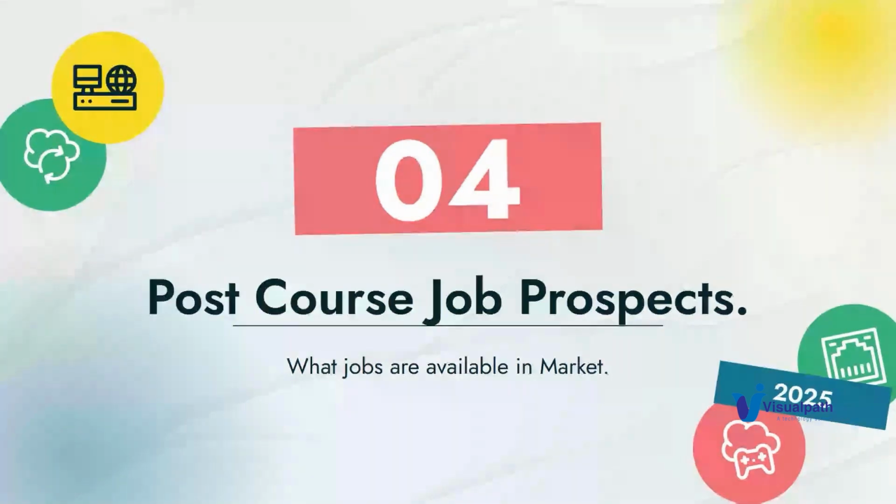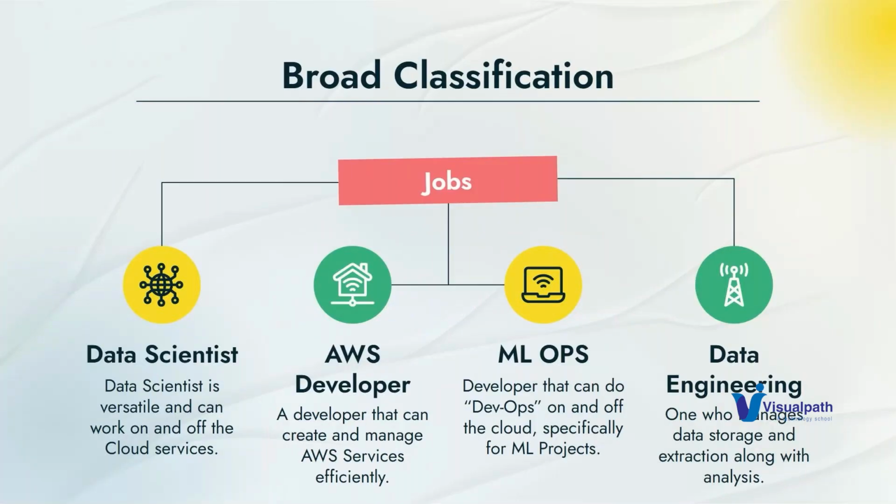So, post course, what type of jobs you might look for, or which will basically help you into? The first one is, of course, the data scientist role, which I am currently working as. Data scientists are versatile. I can work on and off cloud services, on multiple different scenarios as well, specifically related to data sciences.